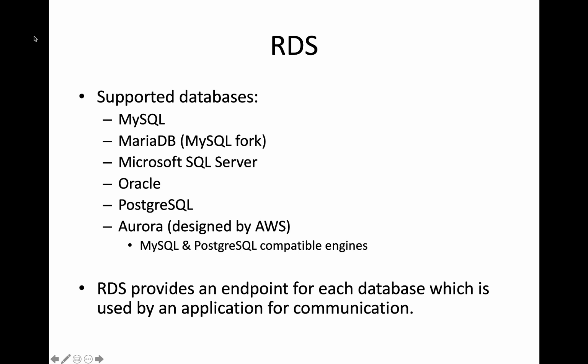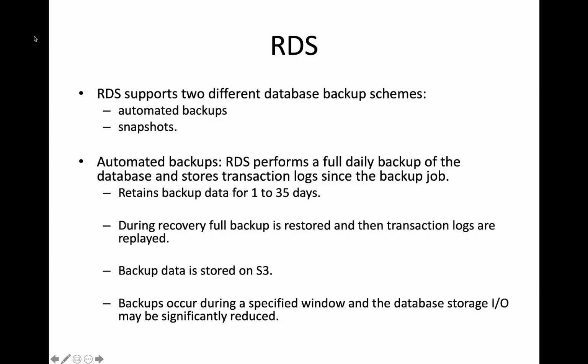When you launch a database using the RDS service, essentially what AWS is providing is an endpoint that you can use to access that database using an application. When you launch a database using RDS, you can, of course, access that database via your application, and any data that you store in the database can be backed up.